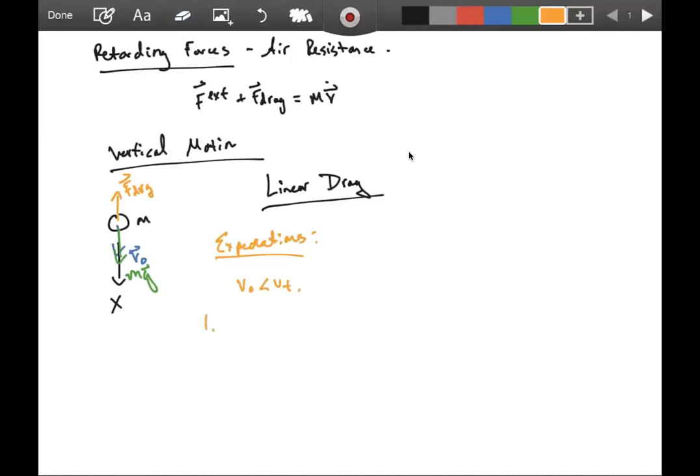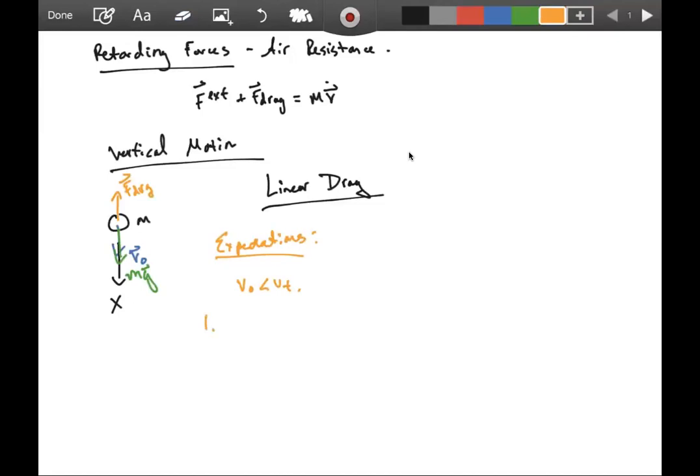If this thing has 0 initial velocity or at least small initial velocity, it will start to fall with minimal effect from the drag force, basically just like free fall, right?